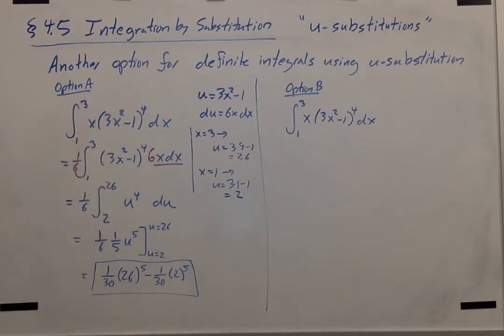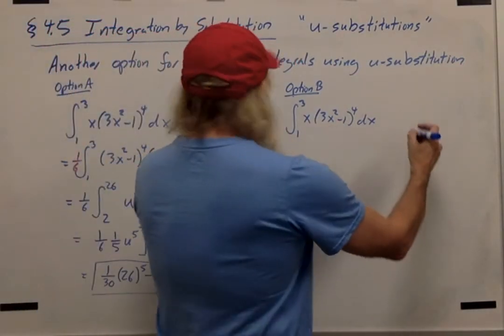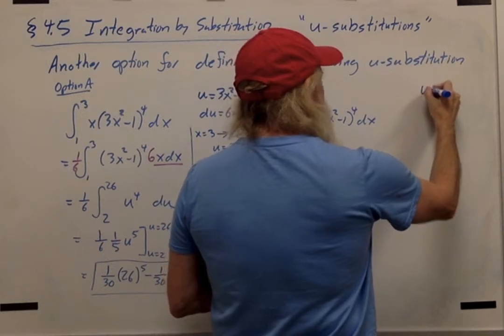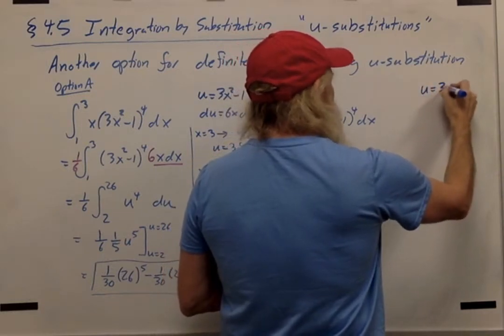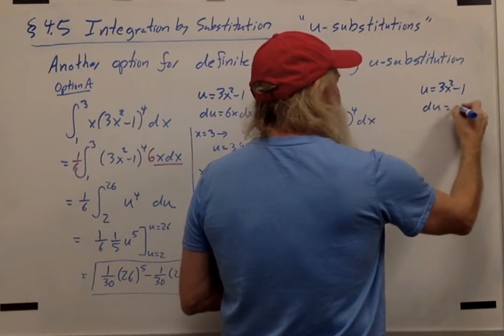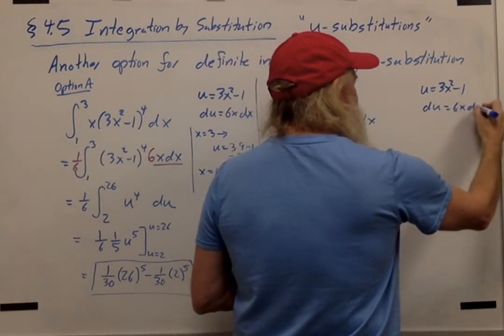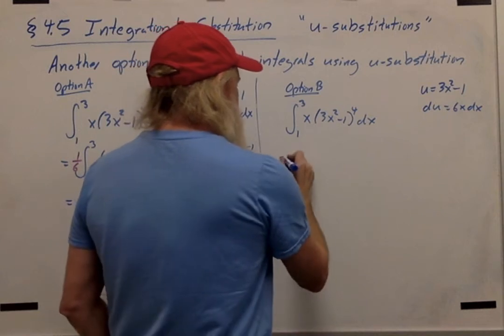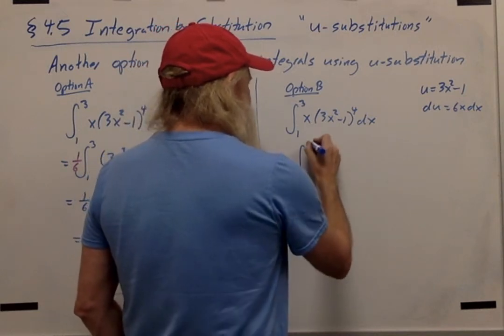Now, watch as I show you a second way of finding this integral. We'll start off the same way by setting u equal to 3x squared minus 1 and calculating the differential 6x dx. The next step looks the same.